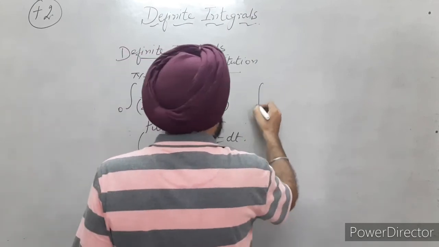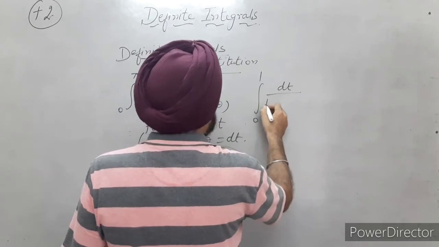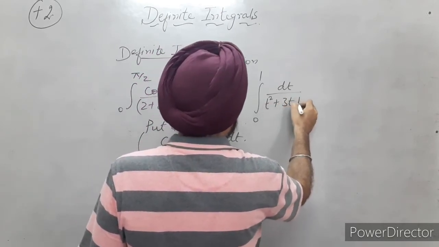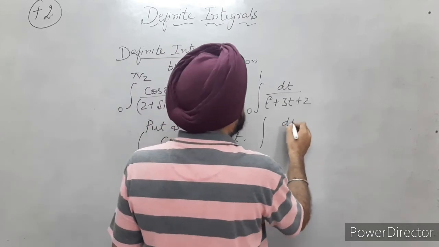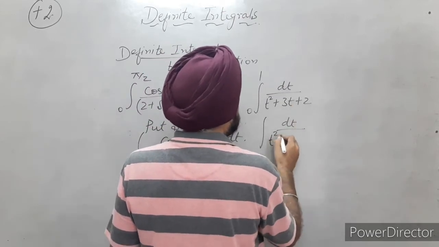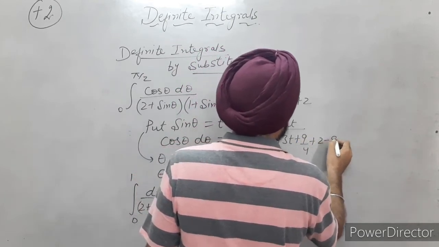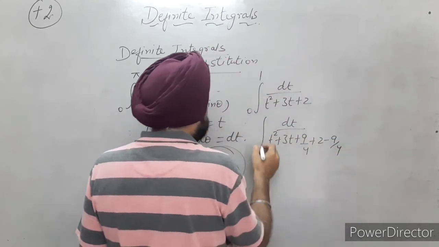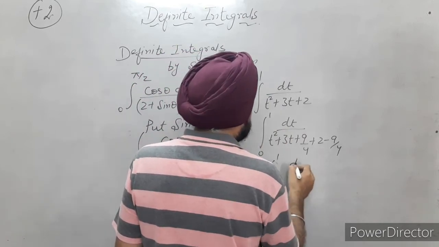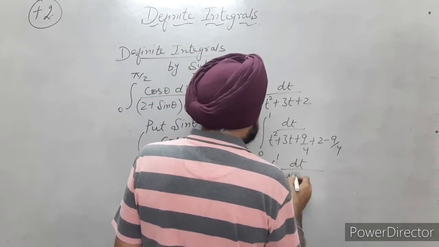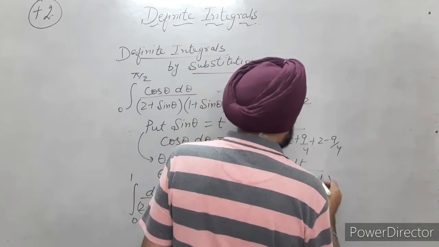So I get 0 to 1 dt upon t square plus 3t plus 2. Complete the squares: t square, 3t, 9 by 4, this I have done in the very first question, I think. It becomes 0 to 1 dt upon (t plus 3 by 2) square minus (1 by 2) the whole square.